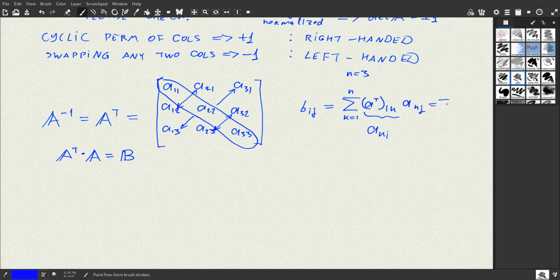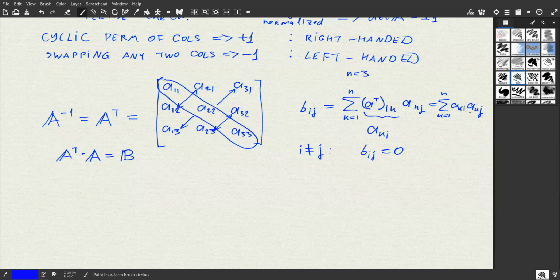Therefore, it is the sum from k equals 1 to N, Aki times Akj. Now, if i is not equal to j, then due to our orthogonality property, we would have Bij equal to 0.